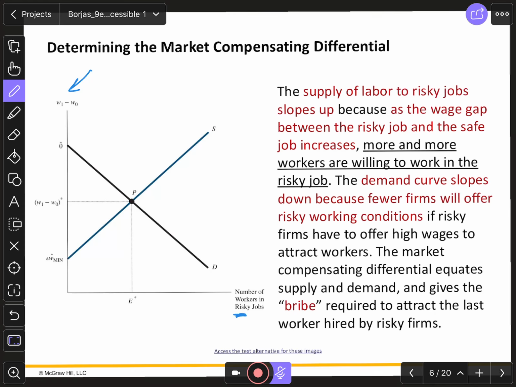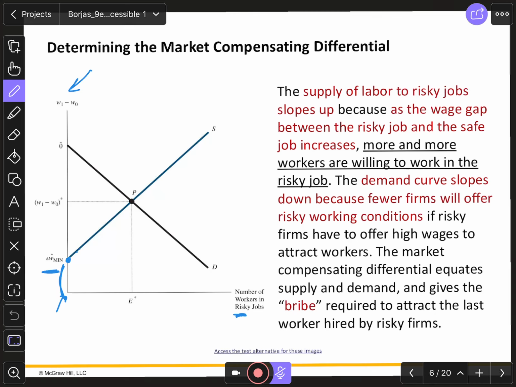So this graph is just about risky jobs. There is a certain minimum. Of course, it can't be 0, because if it is 0, then nobody is going to go to the risky job. But there needs to be some gap that is non-zero. So the minimal gap is going to be our intercept here.